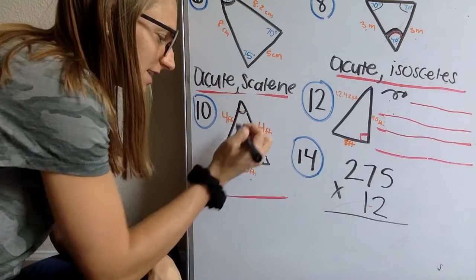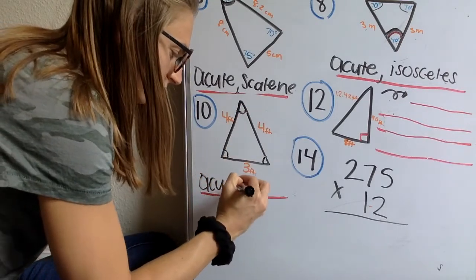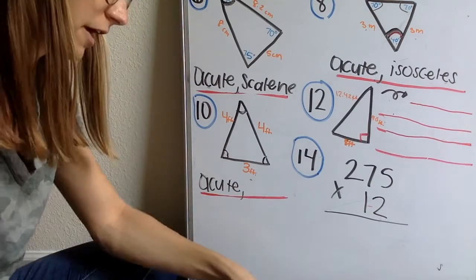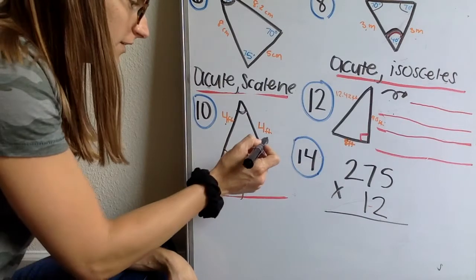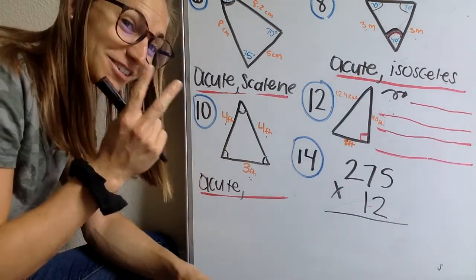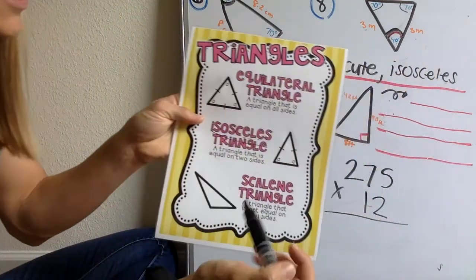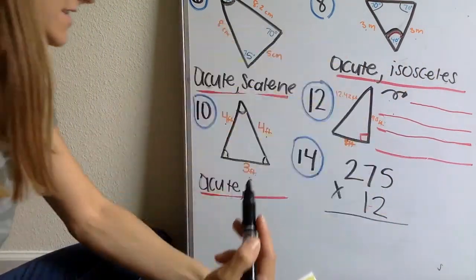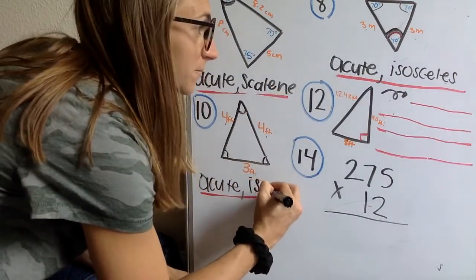These are all less than 90 degrees. So I definitely know that it is an acute triangle. Then I have to figure out by looking at the sides what kind of triangle this would be. We have 4 feet, 4 feet, 3 feet. And again, 2 of those are equal. And like there's 2 E's in isosceles, that helps us to remember this is an isosceles triangle. And I'm going to look over there to help me with my spelling.